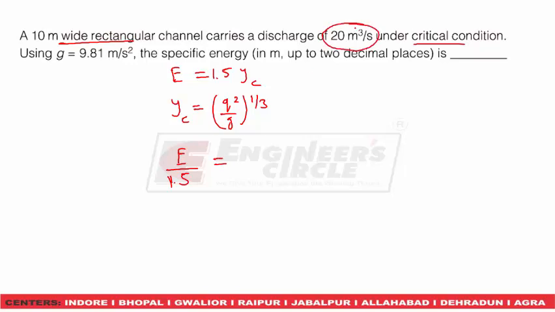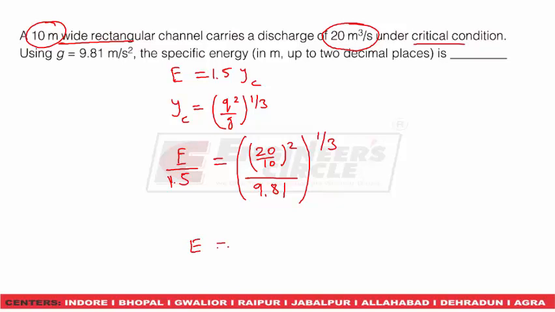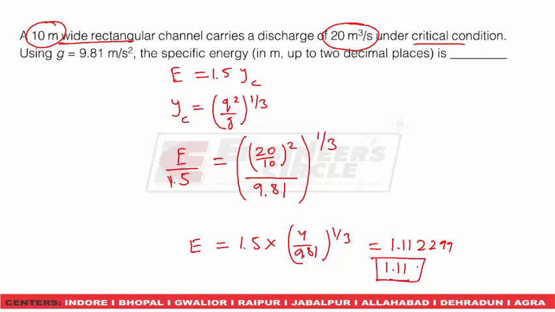Total discharge is this and width is 10 meter. So small q will be equal to 20 by 10, whole square divided by g, 9.81, whole to the power 1 by 3. So from here we can calculate E will be equal to 1.5 into (20 by 10 whole square, so 4, by 9.81) to the power 1 by 3. So it comes out to be 1.112299. So up to 2 decimal places it will be 1.11. This will be our numerical answer.